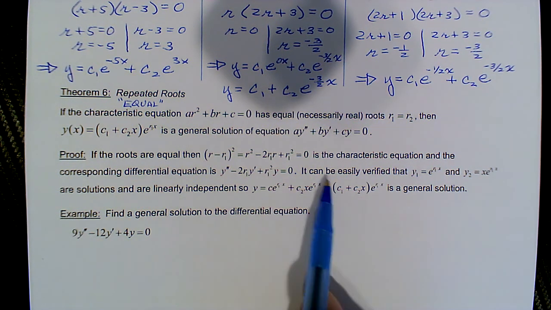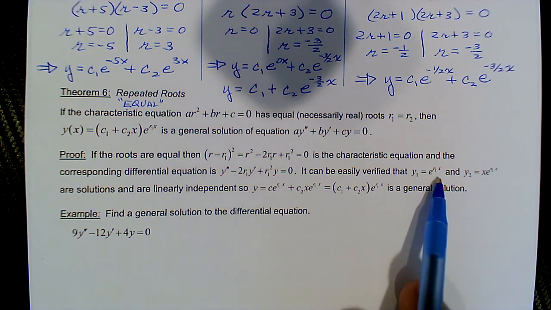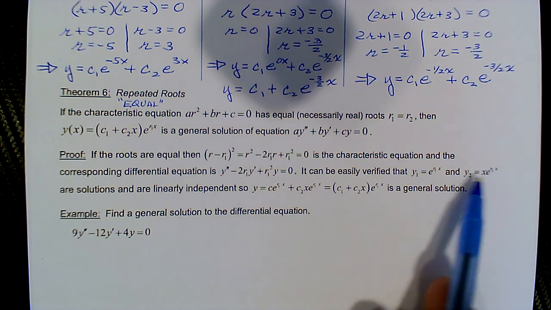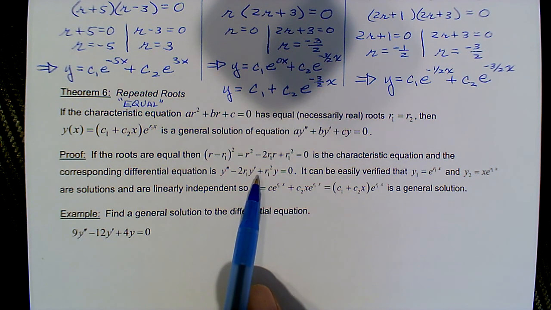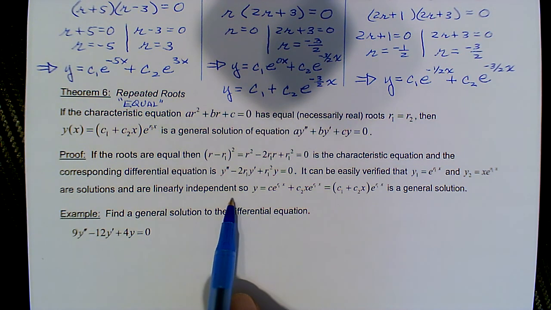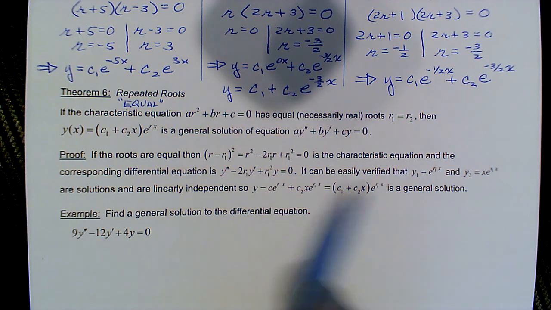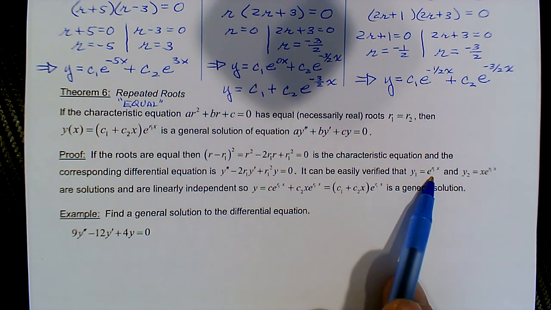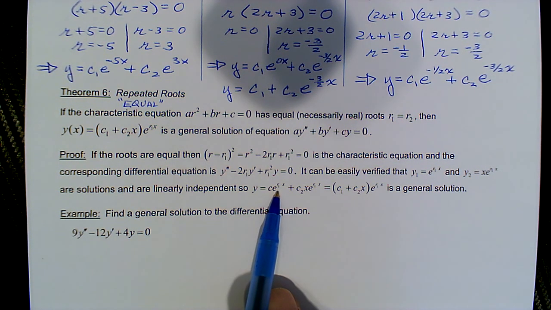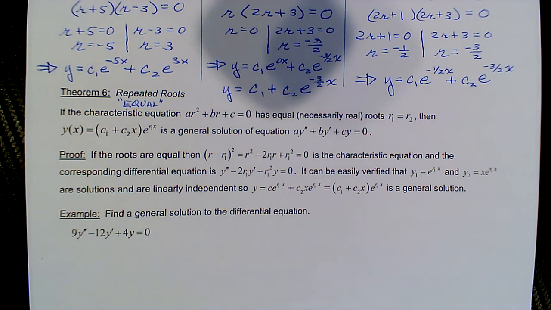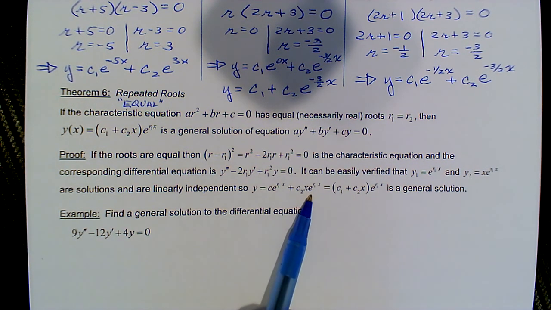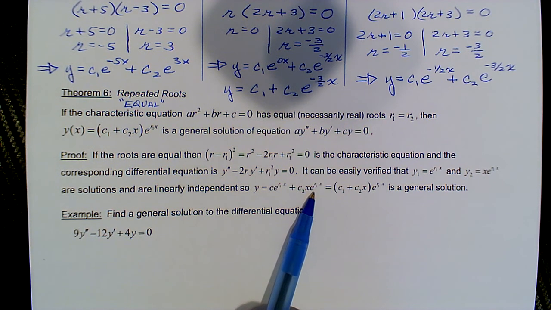And you can easily verify that both of these functions are solutions, and they are linearly independent. So then by the principle of superposition, C1y1, C1 e to the r1x, plus C2y2, which is x e to the r1x, must also be a general solution.